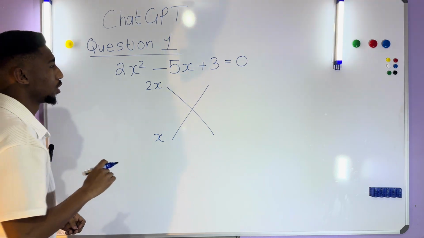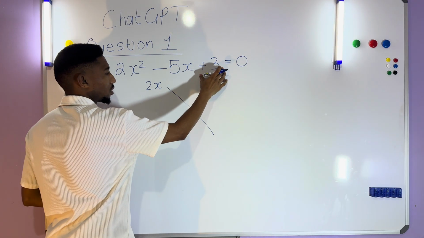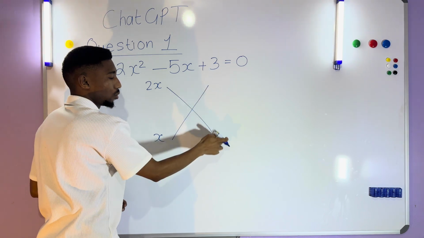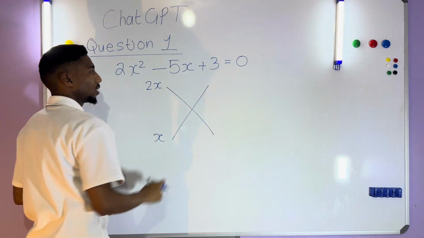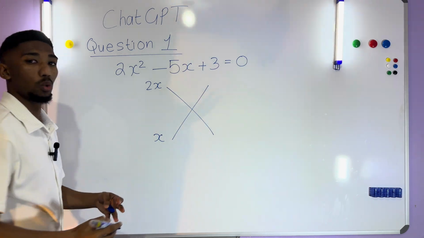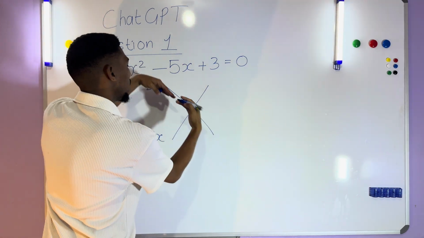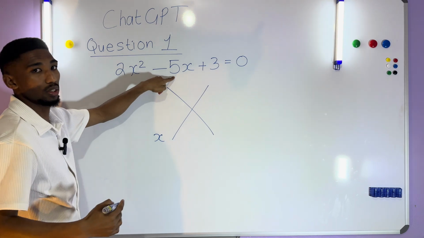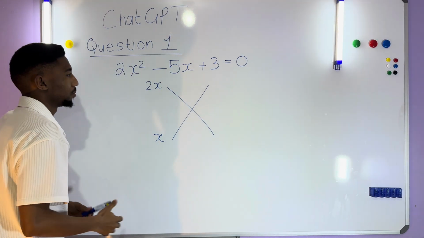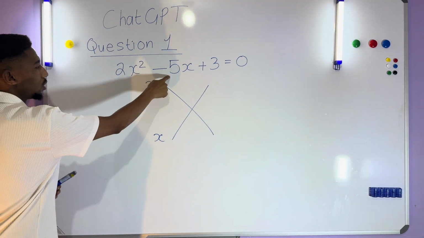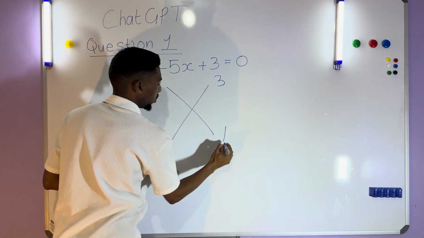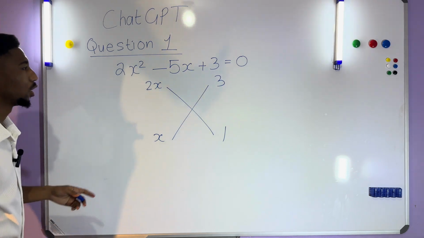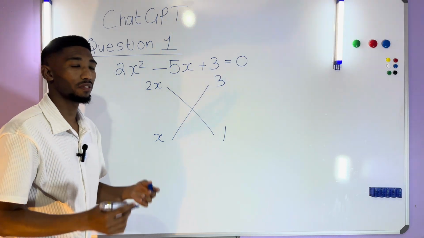Then we're going to choose the factors of 3, two numbers that multiply to give 3 on the side, and we want, when they come together, to give us the middle term. If I have 3 over there and 1 over there, we see that the middle term is negative 5.